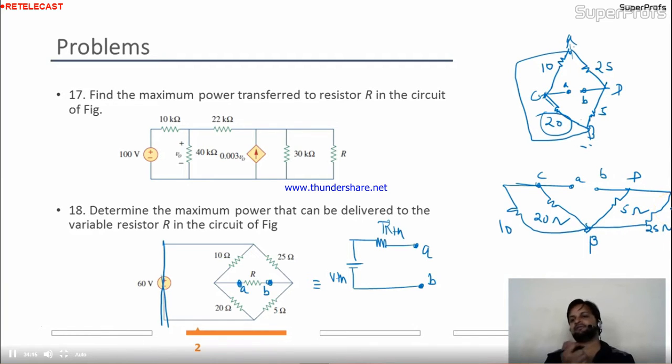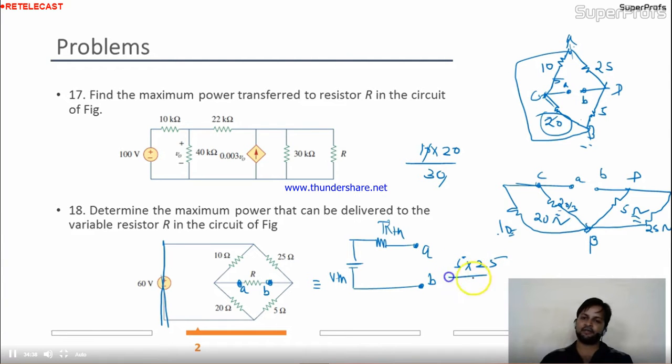Is it okay for you? Because these 2 points are short circuited, they become one only. So once they have become one, these 2 branches become parallel to each other. So 10 and 20 are connected in parallel. So the resultant is 10 into 20 divided by 30. Is it okay? So this is nothing but 20 by 3. What about this 5 and 25? 5 into 25 divided by 30. So this is nothing but 125 divided by 30.